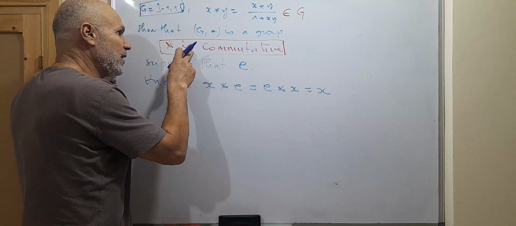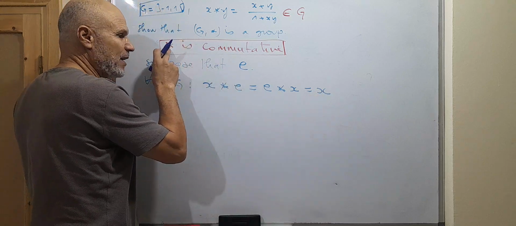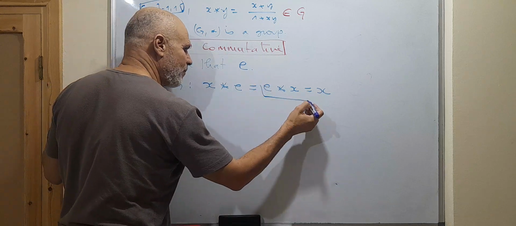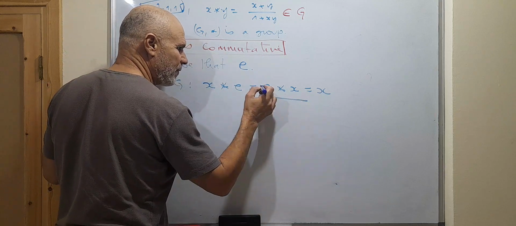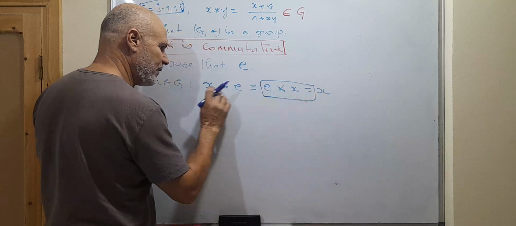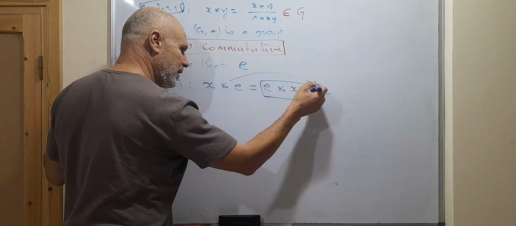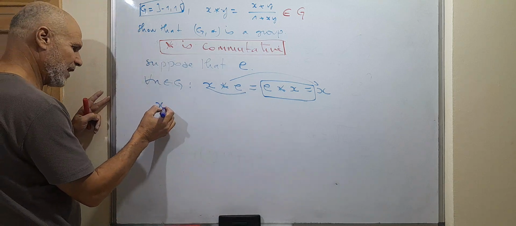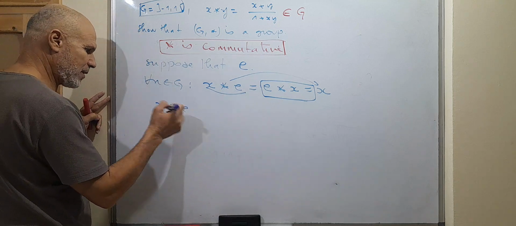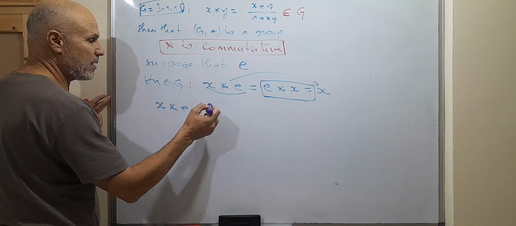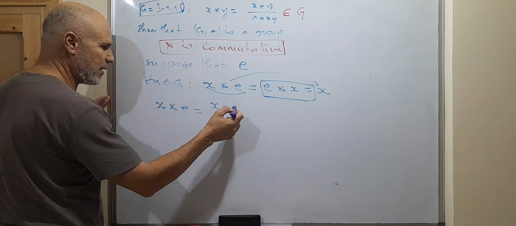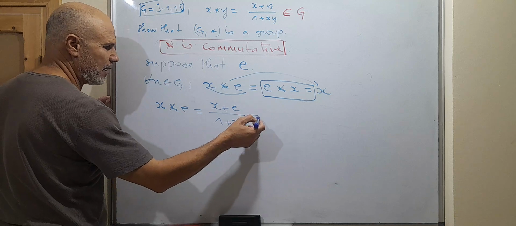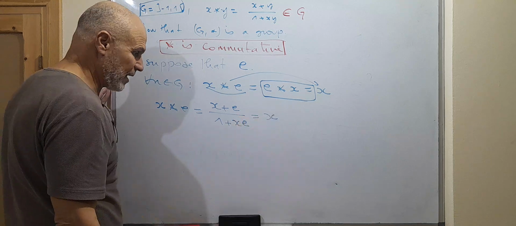But since this operation is commutative, we verify just one, it is sufficient. Let us start from this one: x star e is equal to (x + e) over (1 + xe). This is supposed to be equal to x.